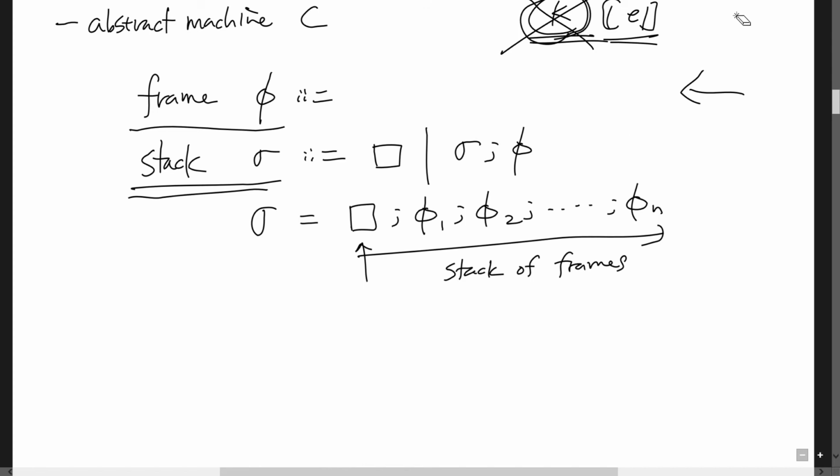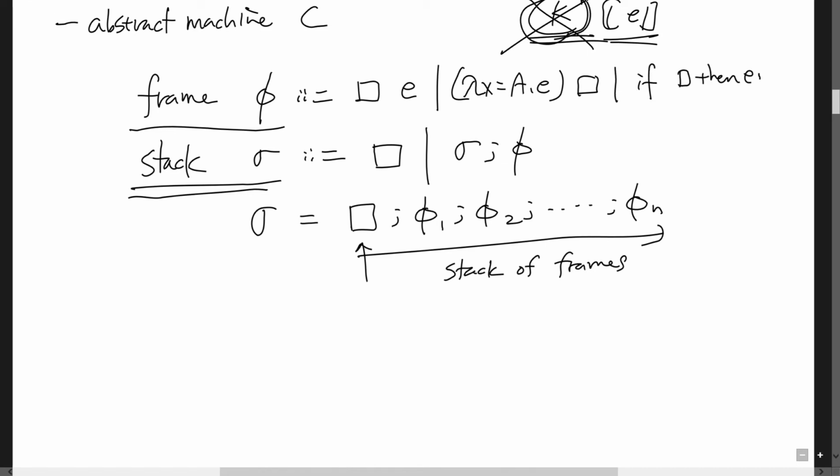In the case of call by value, we have three components in the definition of a frame. First, hole expression E, and the second is lambda x dot E hole, and finally we have if hole then E1 else E2.